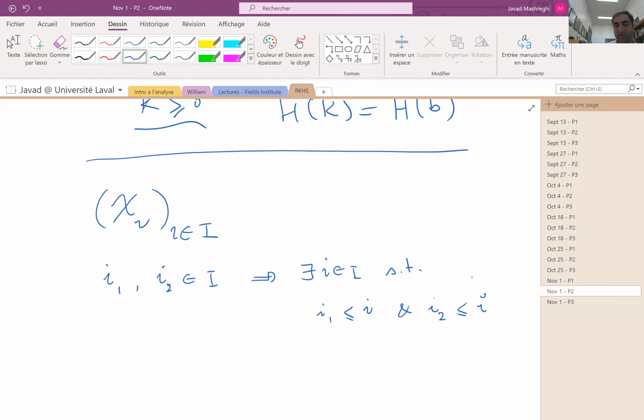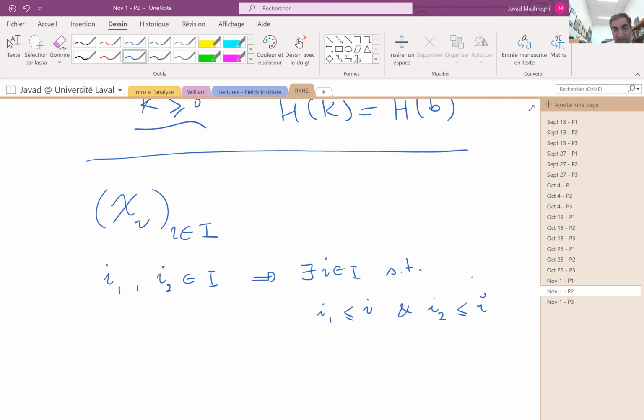This is trivial, any two integers, I mean, take the bigger one. And when we are dealing with subsets, usually it's closed under the union. I1 is a subset, I2 is a subset. For I, take the union of I1 and I2. So in that case, it's also what we want to have.